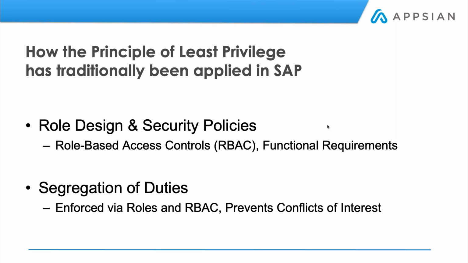So segregation of duties can become a very large challenge to do in an effective way. And there's typically a lot of manual reporting and back-end work that has to be done to make sure that nothing happened that's going to cause an SOD-style violation.